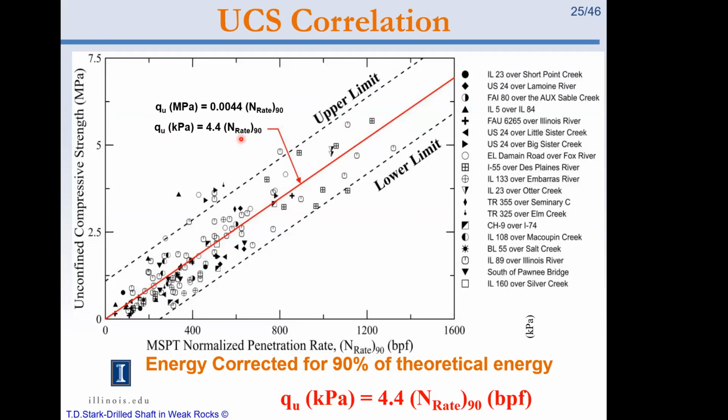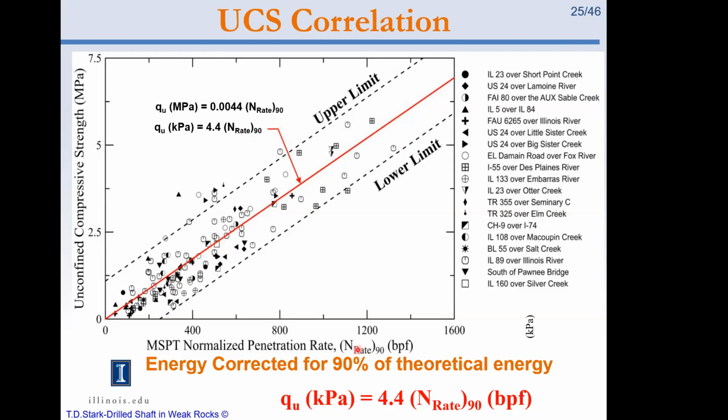And so this looks like a way to speed up the design process by just using field tests to design the drilled shaft. The upper and lower limit can be used to put an upper and lower bound on the shaft capacity. Now let me talk about the 90 part of N rate.